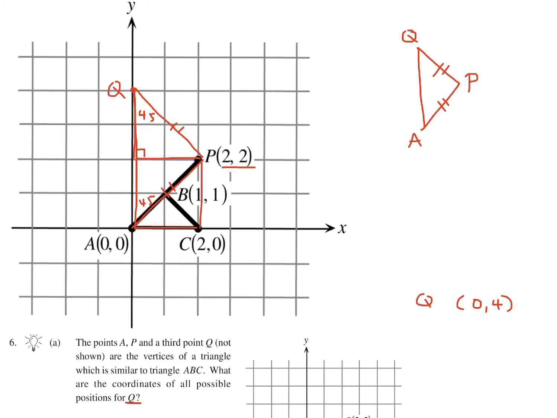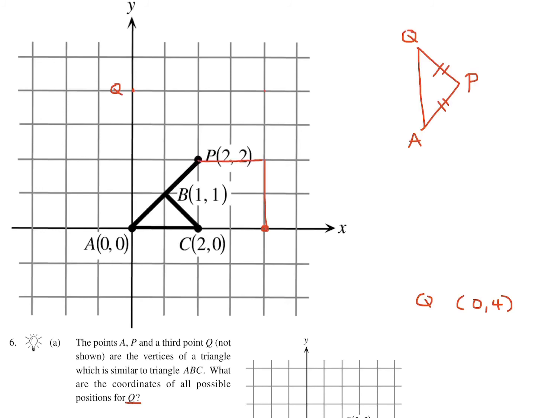All right? So let's get rid of this so that it's not too messy. So now we have to get as many as possible. We went this way and that didn't work. We went this way and that did work. That gave us a Q. What other ways can we go? We can go this way, 2 over and 2 down.